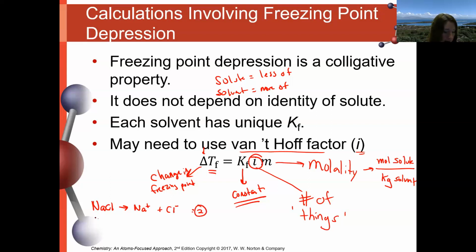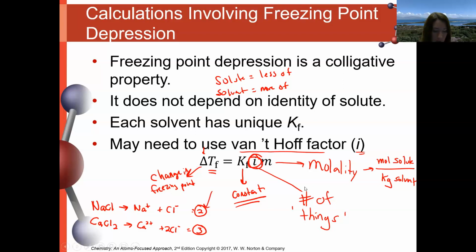If we had CaCl2, when it dissociates, it breaks up into Ca2+ and 2 Cl-. So it breaks up into 3 things, so its Van Hoff factor would be 3. Now again, in Chem 101, they usually give you a more precise one. If they give you a more precise one, use that one. But this is our best estimate of our Van Hoff factors.